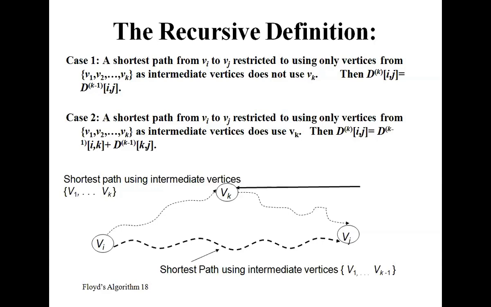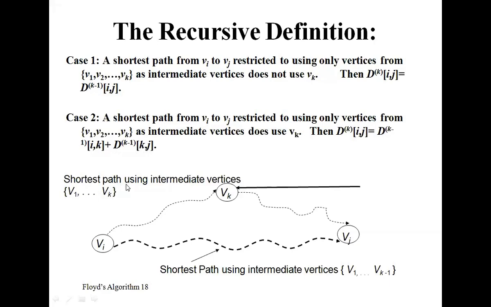We need to consider the distance from Eluru to Hanuman Junction and also from Hanuman Junction to Vijayawada. Here also we consider it in the same way: dk of i comma j is equal to dk minus 1 of i comma k, k we are taking, plus dk minus 1 of k comma j.